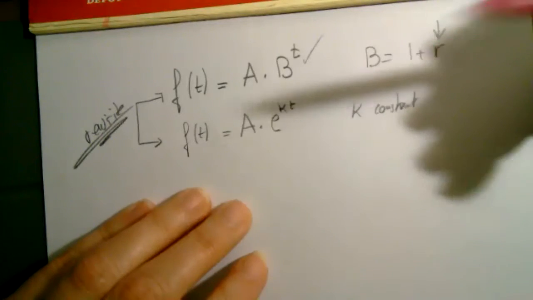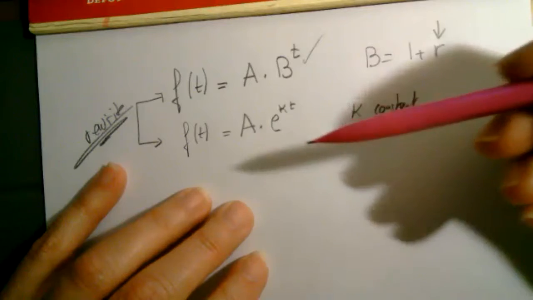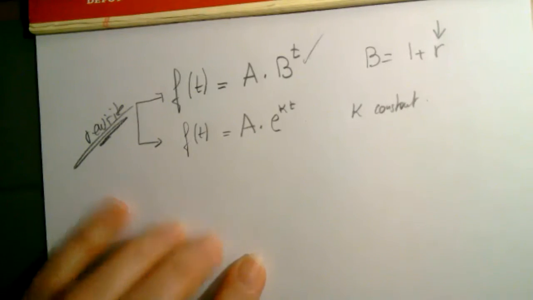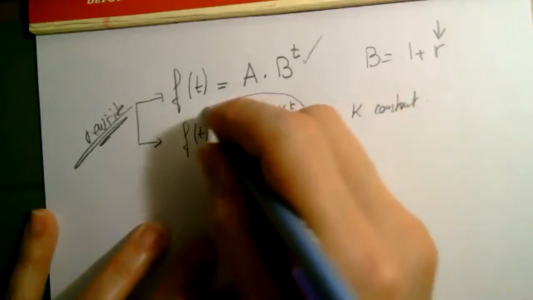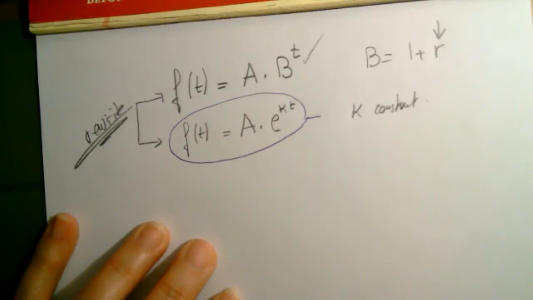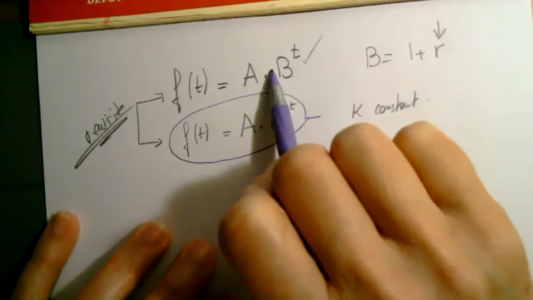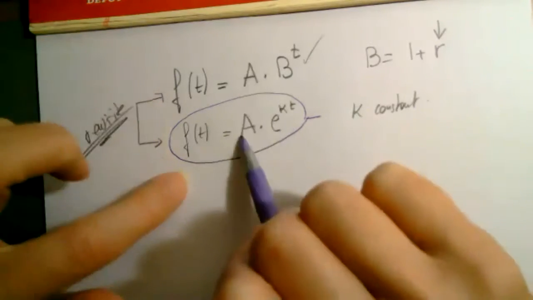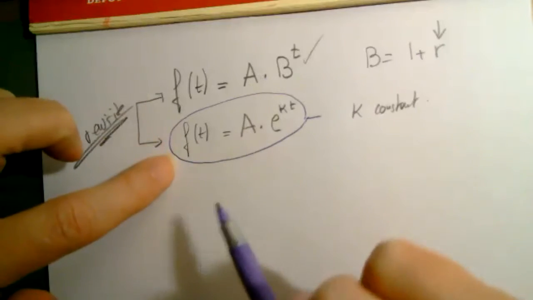And calculus, which some of you will have to take, works well with e. It's easier to do calculus in this format than in that format. So that's why we have to learn how to write exponentials using both approaches.